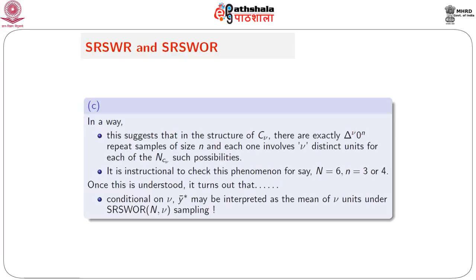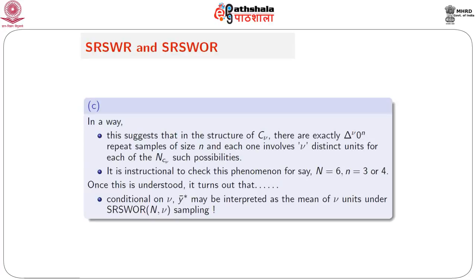And when small n equals 4 and capital N equals 6, capital N to the power small n becomes 1296, and again you can show how the breakup goes for different values of nu equal to 1, 2, 3, 4.